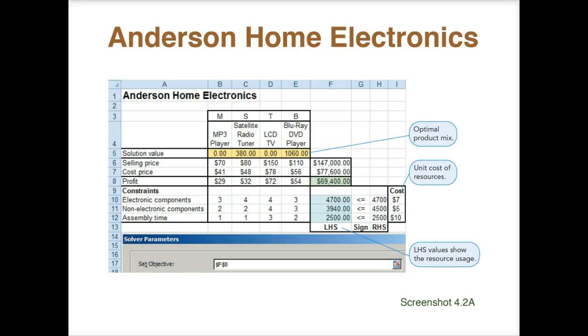One of the things we want to take note of here is that in order to achieve maximum profit, it's telling you that for MP3 players, you won't be making any of these, and you won't be making any LCD TVs. So as we look at this, we see that we're only in the business of making satellite radio tuners and Blu-ray DVD players if we want to maximize profits.